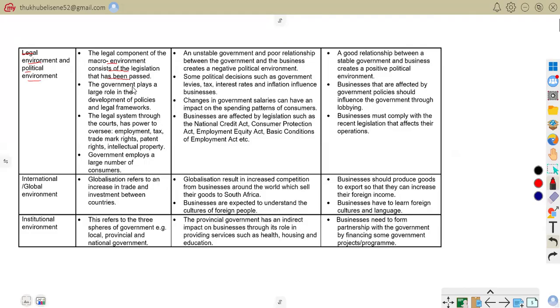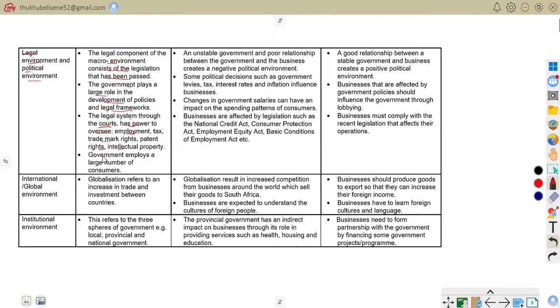Also, the government plays a large role in development of policies and legal frameworks. So they come up with policies that are going to guide industries, for example, tax rules. The legal system through the courts has power to oversee employment, tax, trademark rights and patent rights, intellectual property.